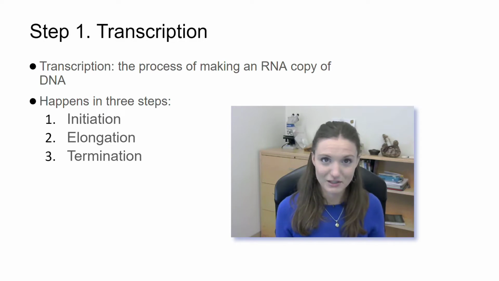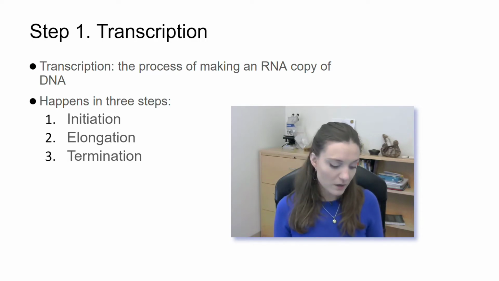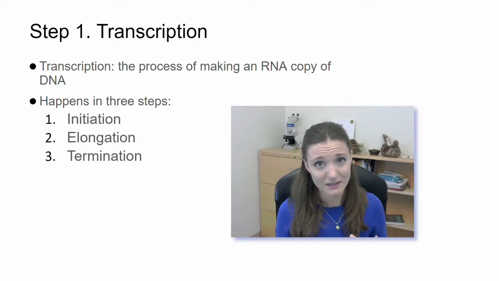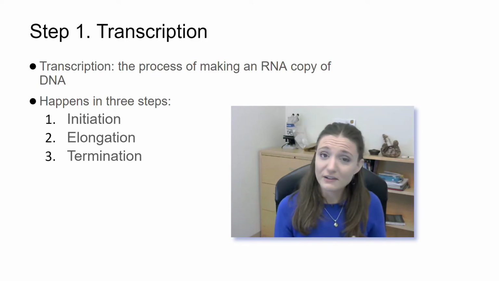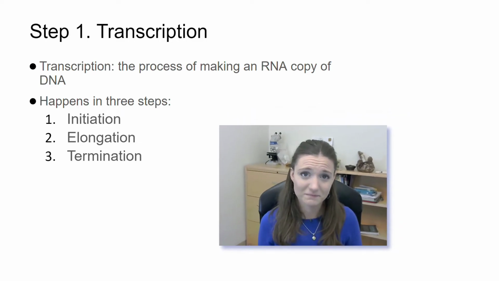Initiation, elongation, termination. We have those same three basic steps in both transcription and translation. But by the end of this, you should be able to describe this process, explain to me which enzymes are being used, and you yourself, if I give you a sequence of DNA, you should be able to transcribe it.